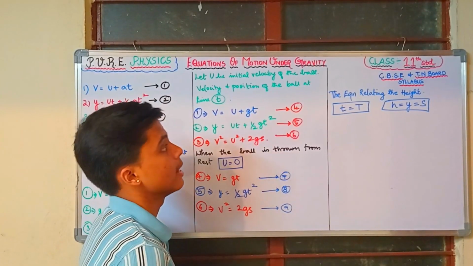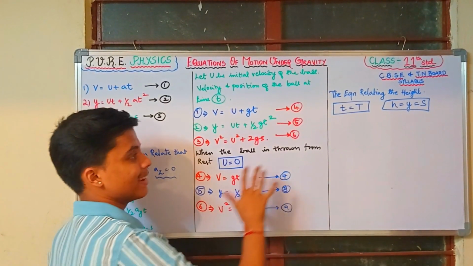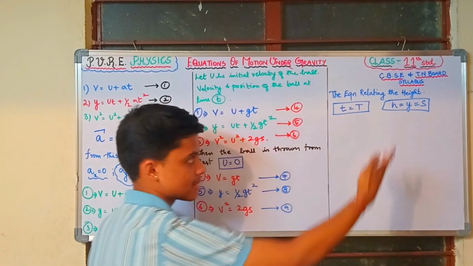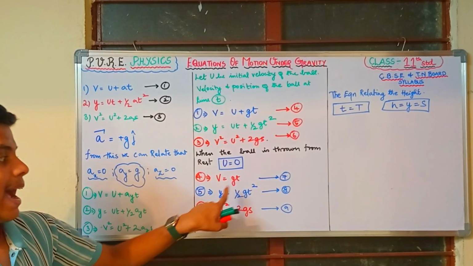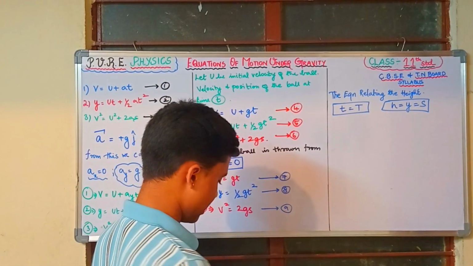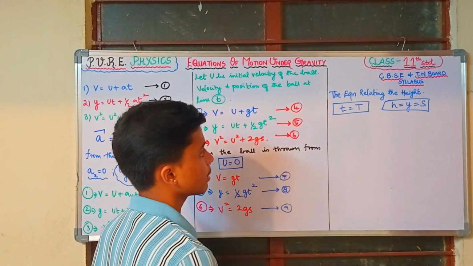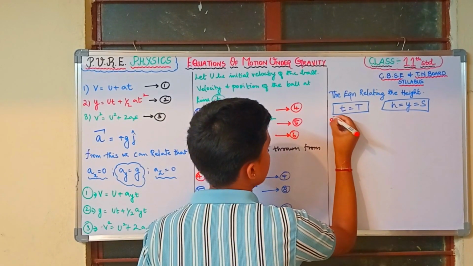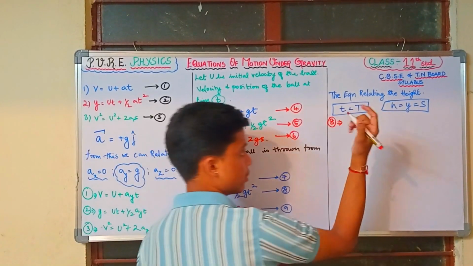So you're going to find the equation relating the height. This involves the distance, so you're going to use the equation which has distance as well as the time. You will substitute these two conditions in the eighth equation. So my eighth equation will become, in the place of y I can substitute h.